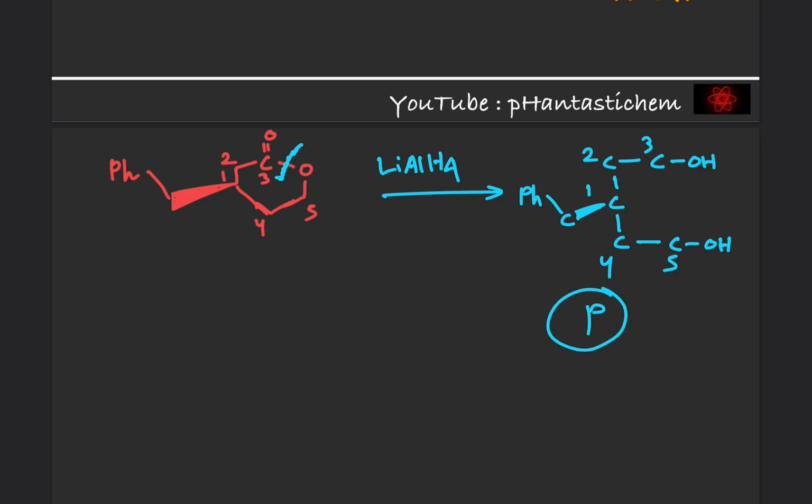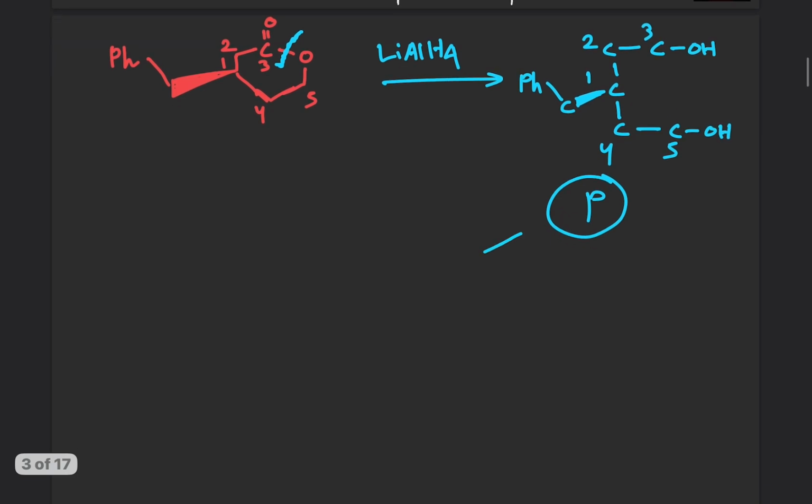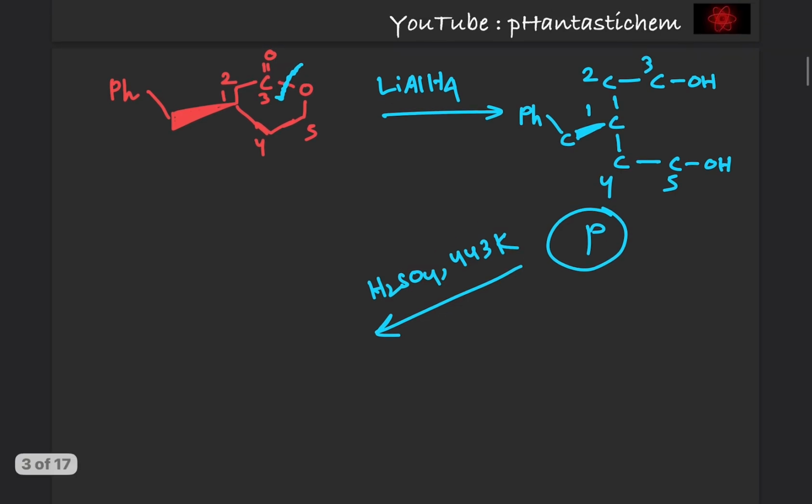And then to find S, we treat P with H2SO4 and 443 Kelvin. Okay, so can you see P consists of OH groups, and we know that when alcohols are heated with concentrated H2SO4 at 443 Kelvin, they undergo intramolecular dehydration to form alkenes.